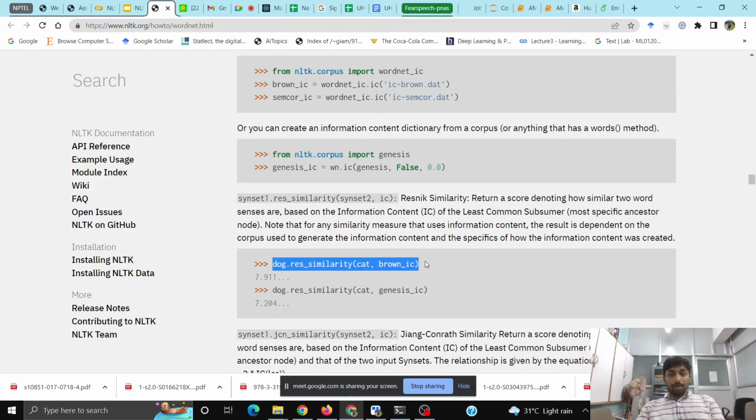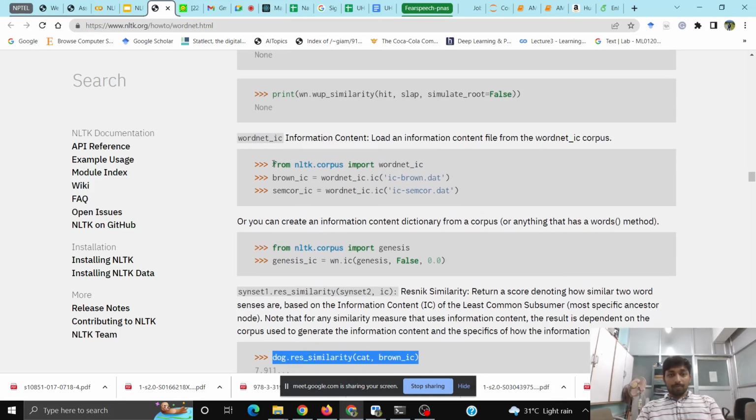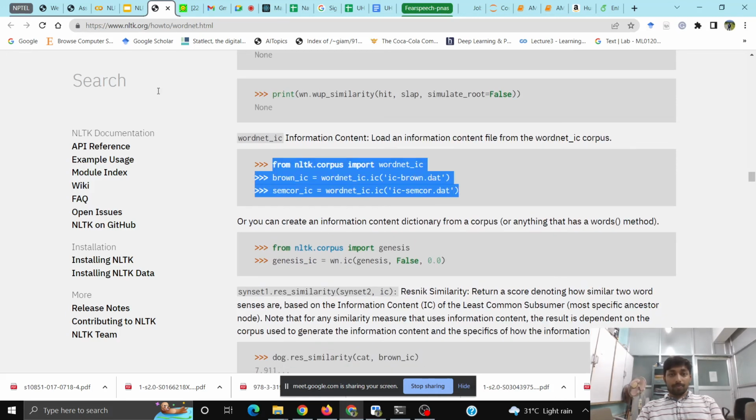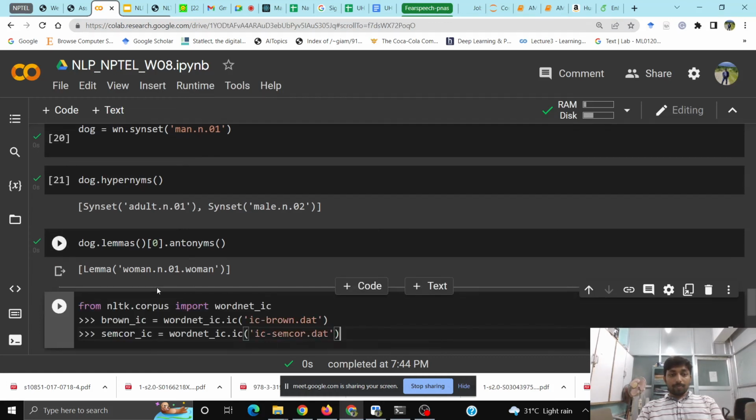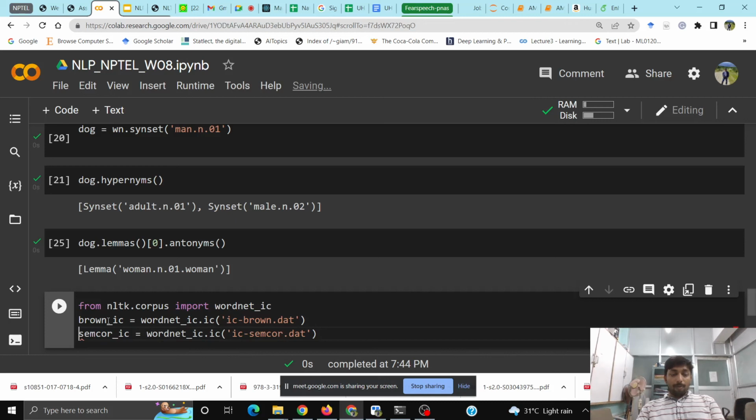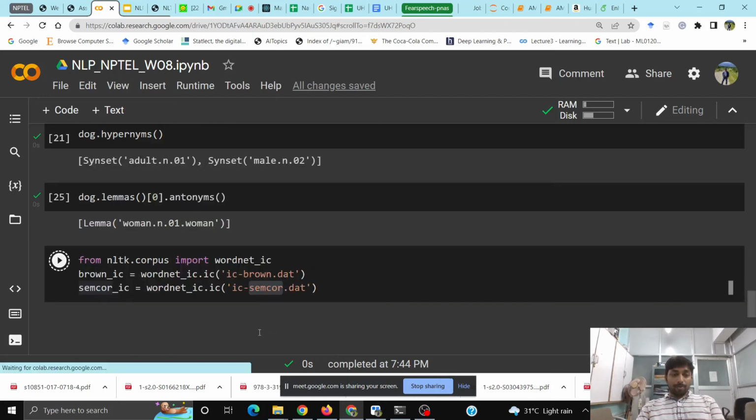So we have the dog and race similarity. These are information content using different versions of the probability values.